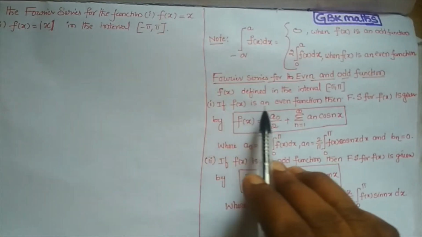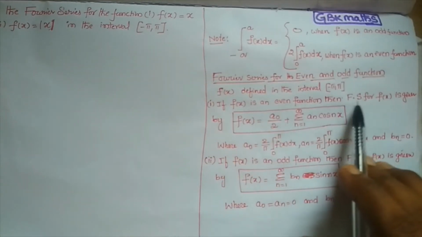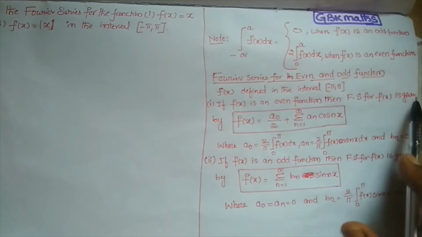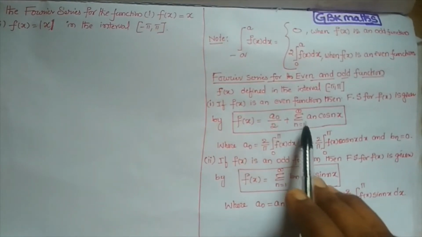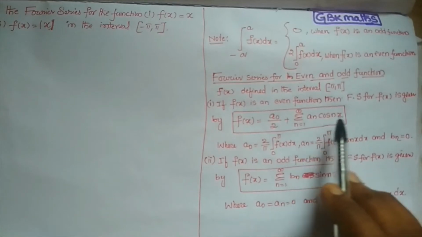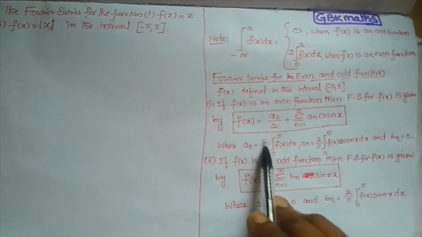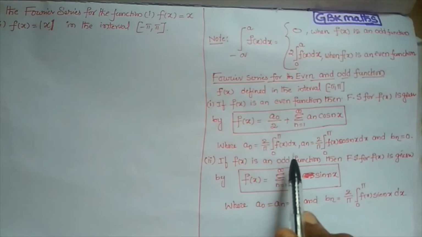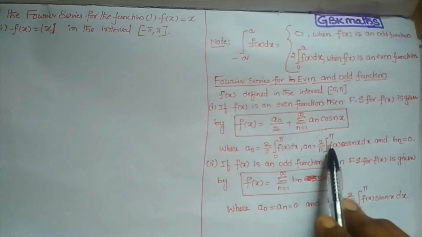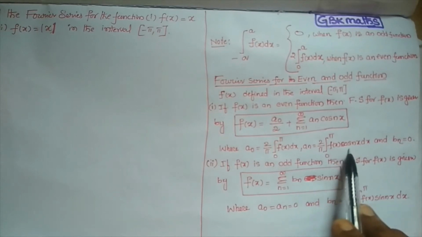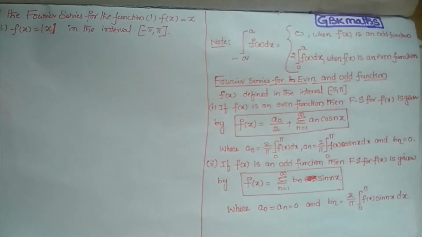If f of x is an even function, then the Fourier series for the function f of x is given by this formula: f of x is equal to a naught by 2 plus summation n is equal to 1 to infinity a n cos n x, where a naught is equal to 2 by pi integral 0 to pi f of x dx, a n is equal to 2 by pi integral 0 to pi f of x into cos n x dx, and bn should be 0.